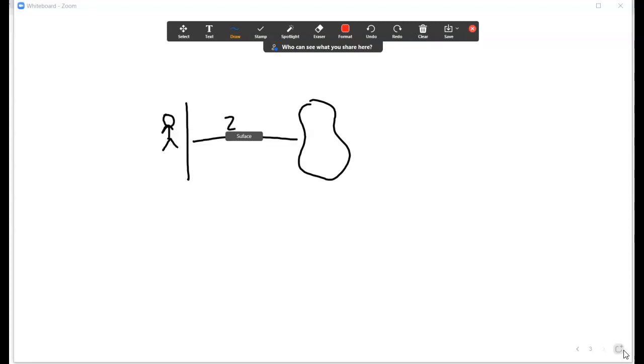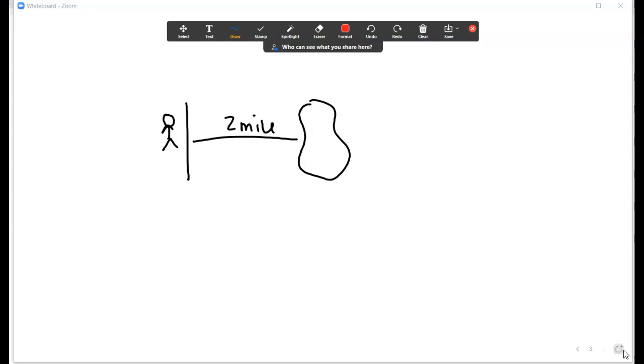There's 2 miles between them. When a 5-inch long card is held 20 inches from the person's eye, the length of the island is covered exactly. How long is the island?